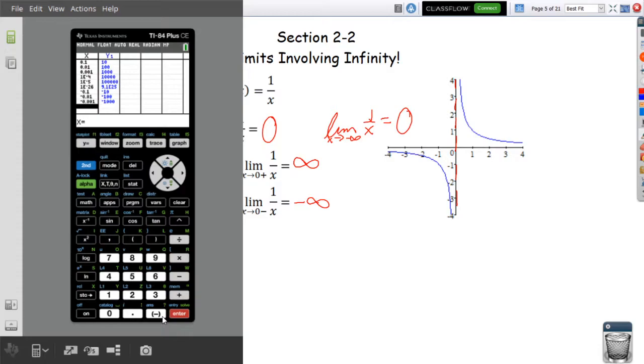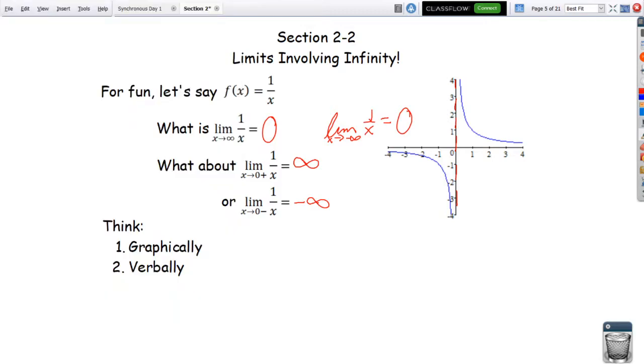It's just doing those one-sided limits. I will point out that if I'm talking about overall the limit as x approaches 0 of 1 over x, that does not exist because one one-sided limit is positive infinity, the other one-sided limit is negative infinity.